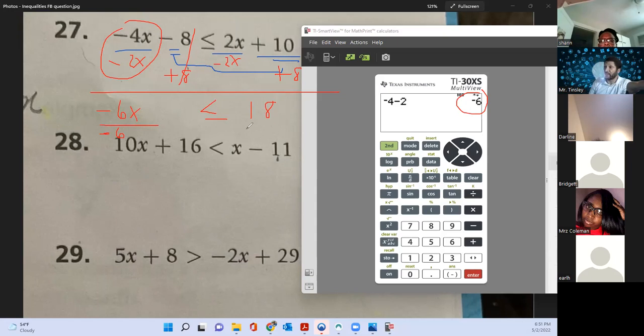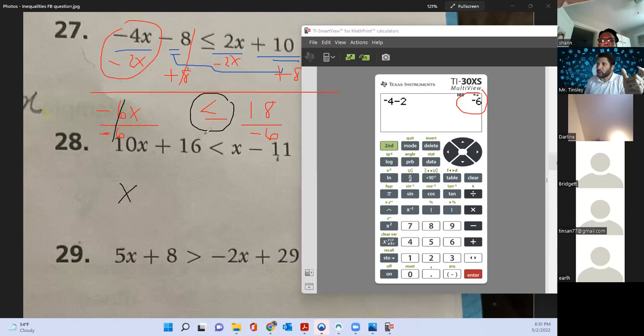Now, whatever I do on one side, I do on the other. This is the part I'm talking about. Let me change my color. The -6 cancels, right? You bring down your x. Because you multiplied or divided by a negative number, you must switch this inequality. Let me say that again.